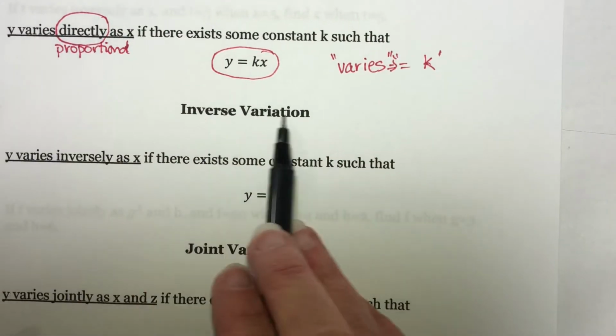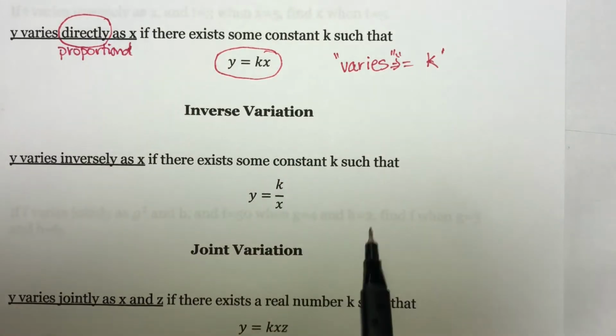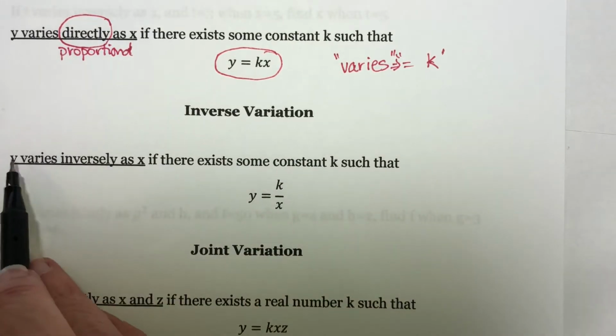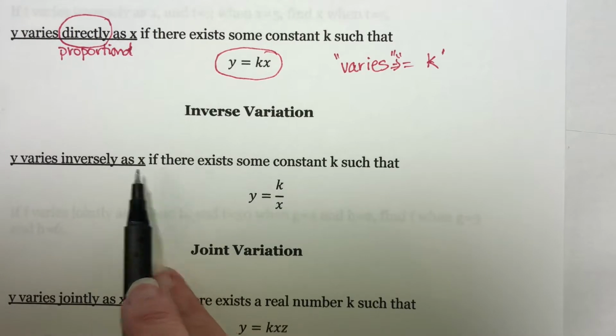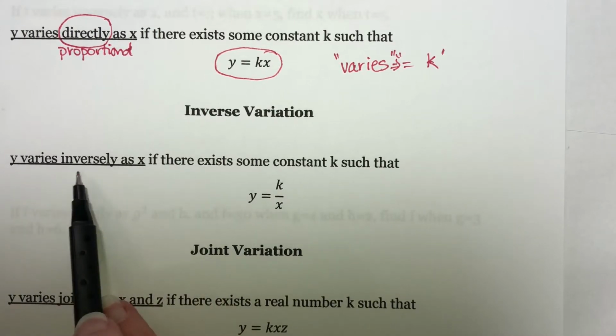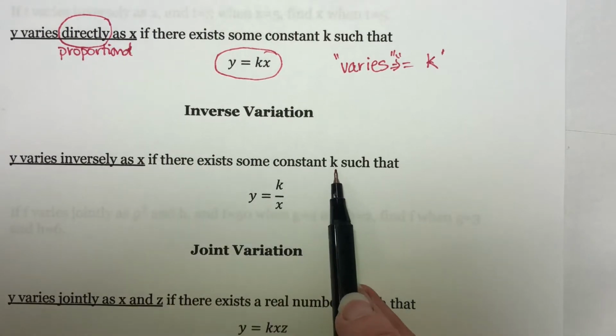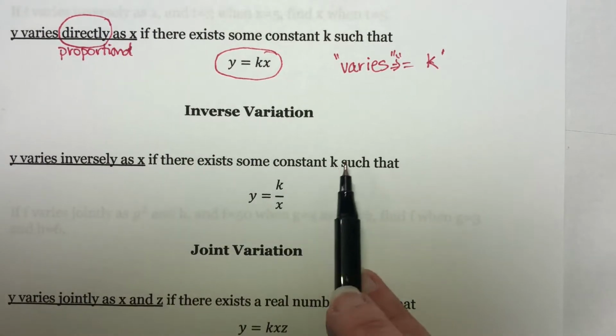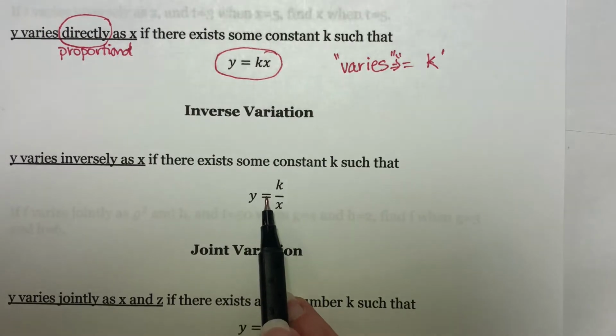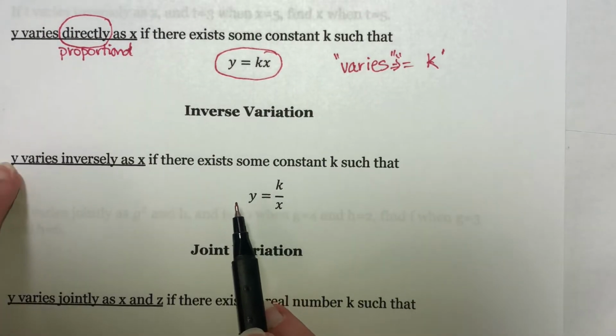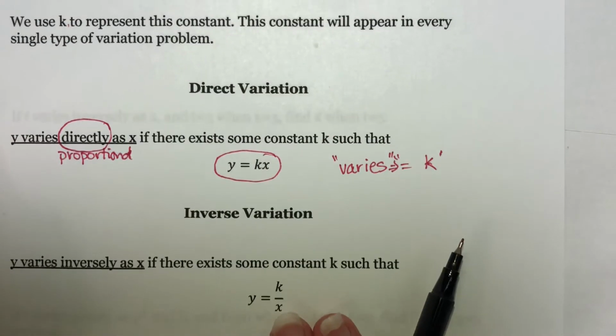Okay? Inverse variation is where things go in opposite order of each other. You'll see y varies inversely as x, or maybe y is inversely proportional to x. If there exists some constant k, like we said, there's k in every one, such that y is equal to, so you're going to write your first word on both of these, okay?